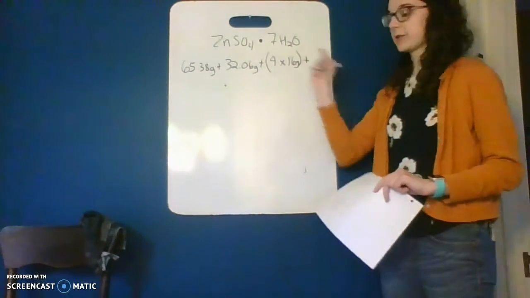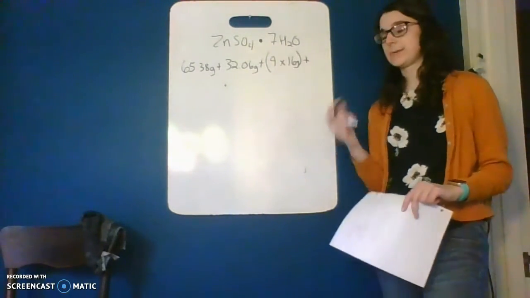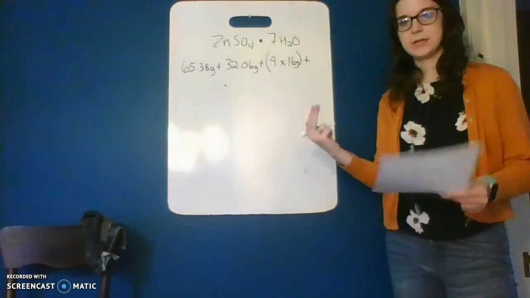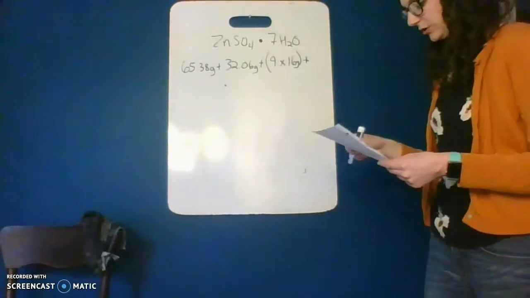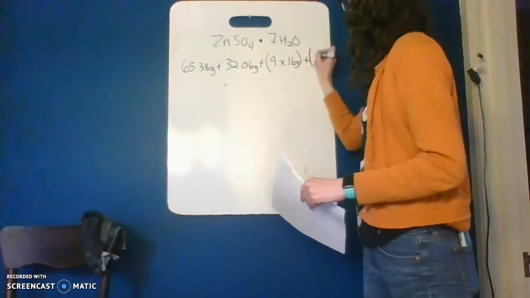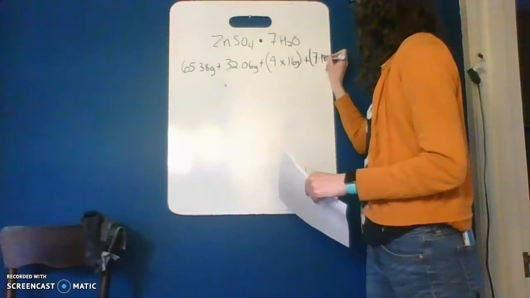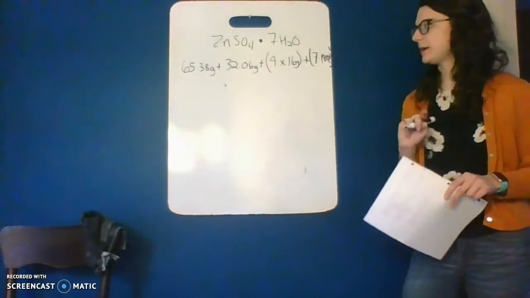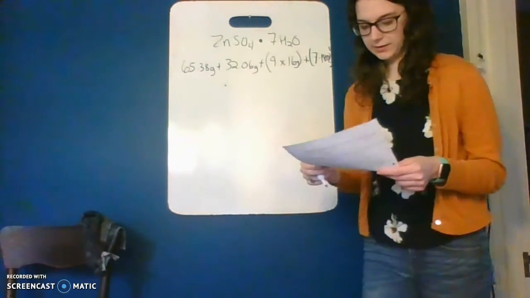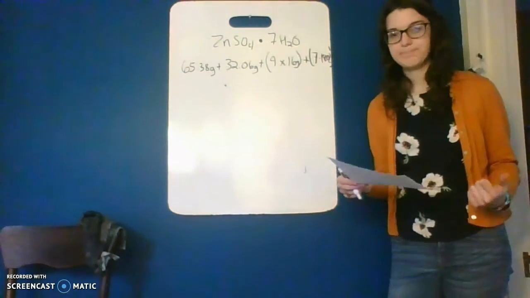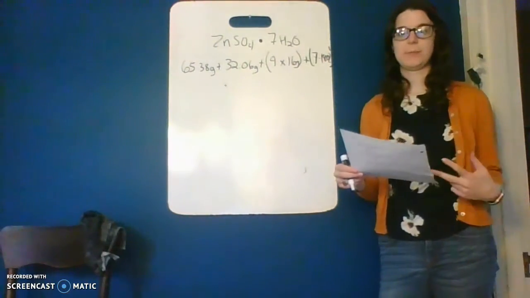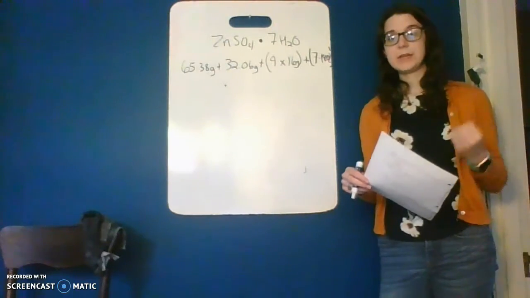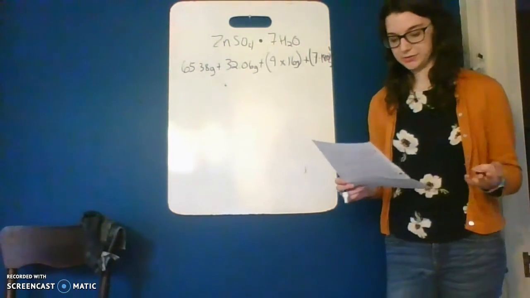You could do 14 times hydrogen plus 7 times oxygen, but since water is staying together, I just take 7 times the entire molar mass of water, which is 18.02. This together is the total molar mass of zinc sulfate heptahydrate. Then to find the percent of water, you take the molar mass of all the water in the compound, divide it by that total mass, and multiply by 100.